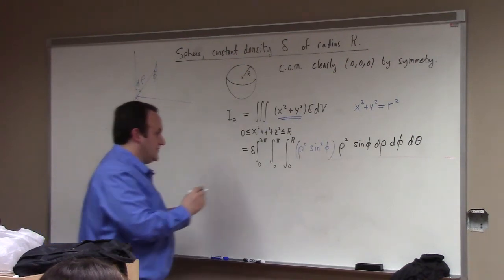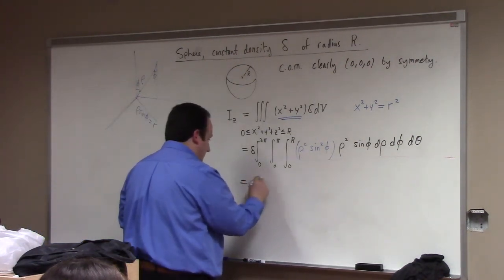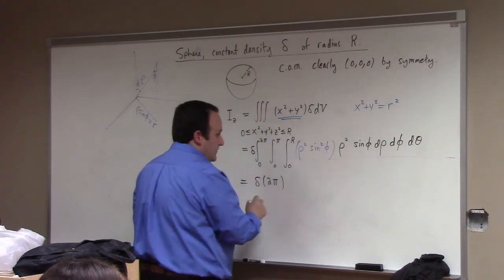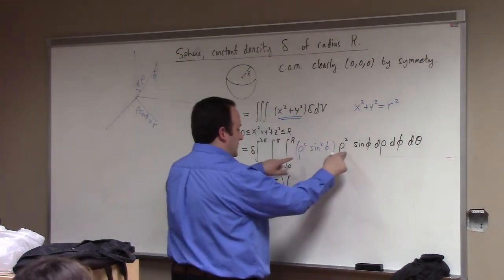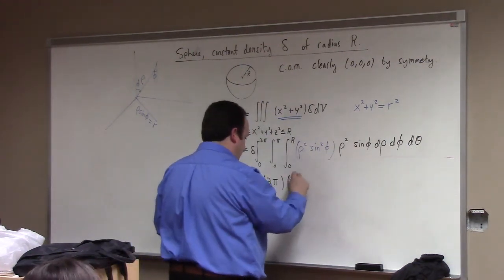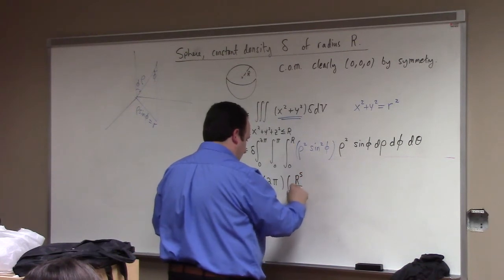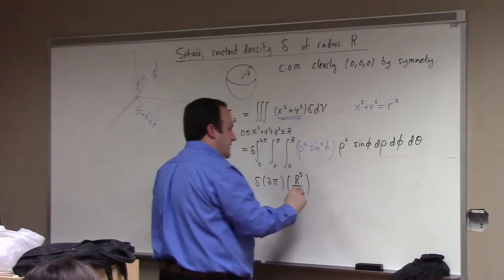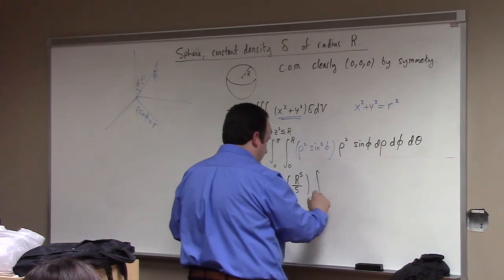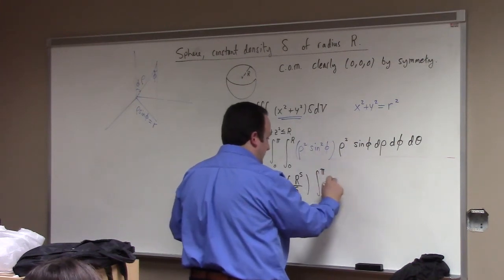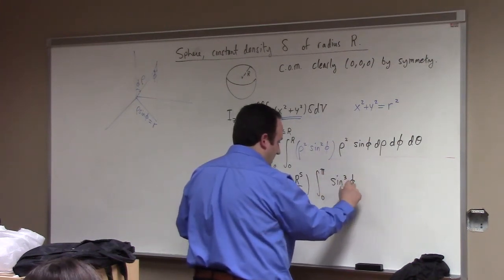I'm taking off the gloves. This is delta times 2 pi times r to the 5th over 5 times the thing that actually requires some calculation here, the integral from 0 to pi of sine cubed phi d phi.